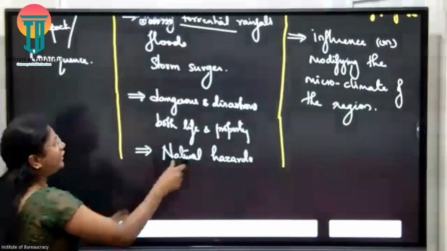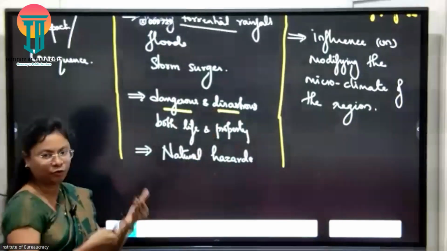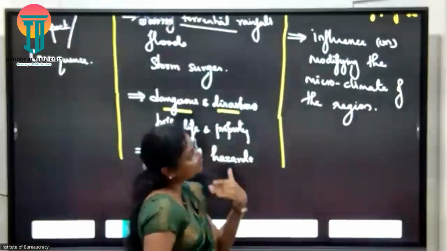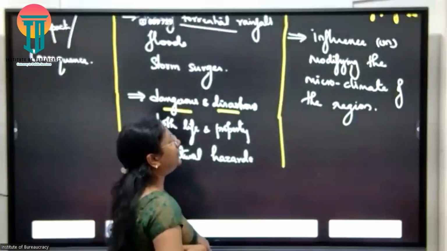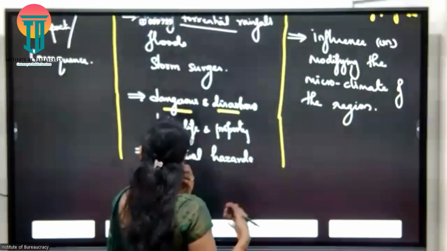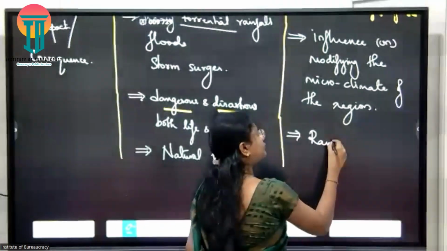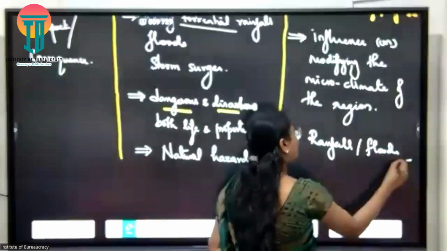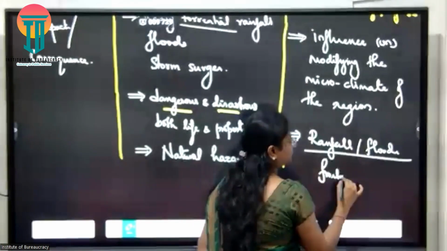So the disaster nature, the dangerous nature is eliminated. They will modify the climate of the region, especially the coastal climates. Coastal climates are largely influenced by the temperate cyclone. If we want to mention rainfall and in some cases floods, they are also closely associated with your frontal distribution.